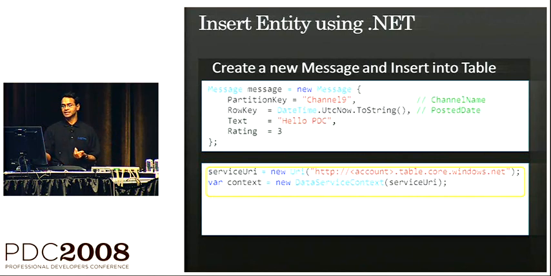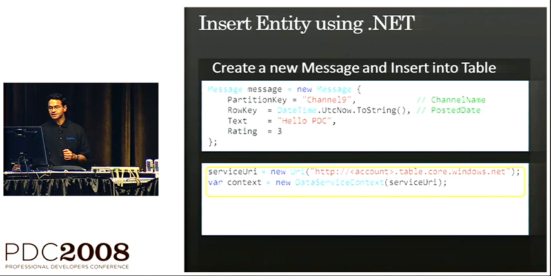The first URI that you see is the one I'm showing you now, which is the service URI. The service URI looks like your account name, that's the account name you created in Azure.com. And then you have a fixed part that follows it. You have the keyword table, which says that you're accessing the table service of Windows Azure Storage. And then you have core.windows.net, which represents the base domain for all of the Windows Azure Storage services.